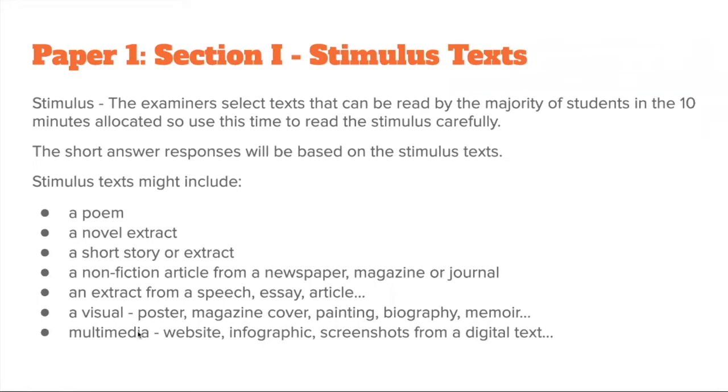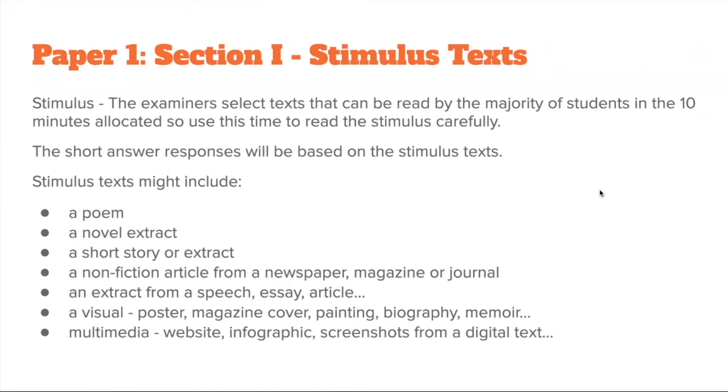The stimulus text could be a whole range of different things. So obviously a poem, an extract from a novel, a short story or an extract. There can be different types of nonfiction, things like speeches, essays, articles, and they can be visuals, and they can also sometimes provide a screenshot or a website homepage, for example.